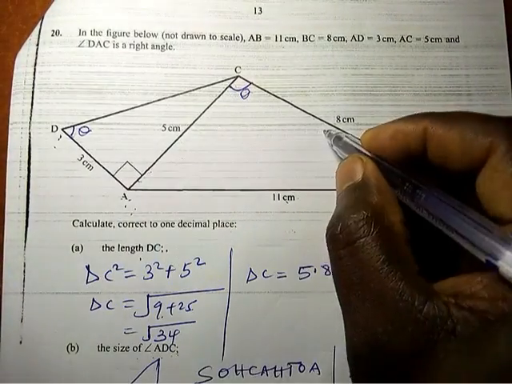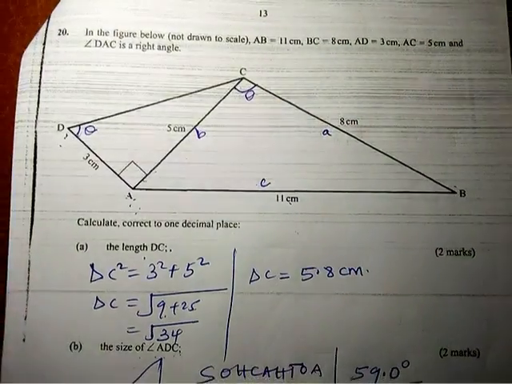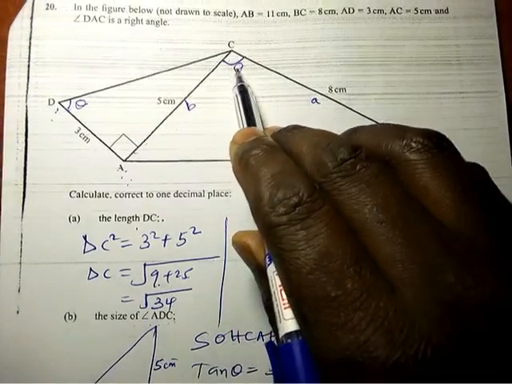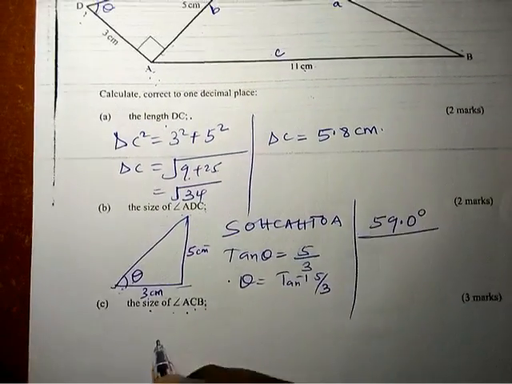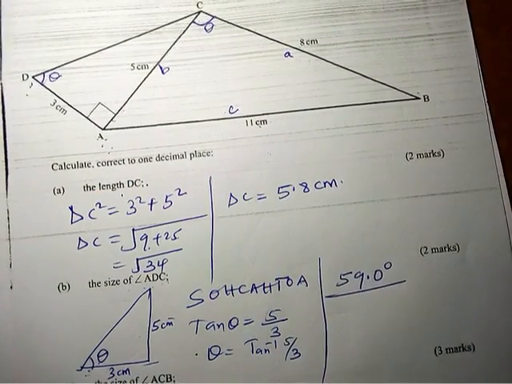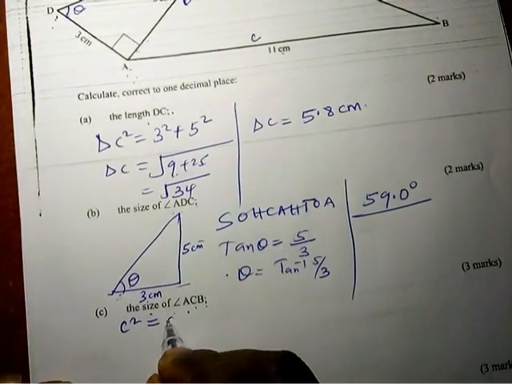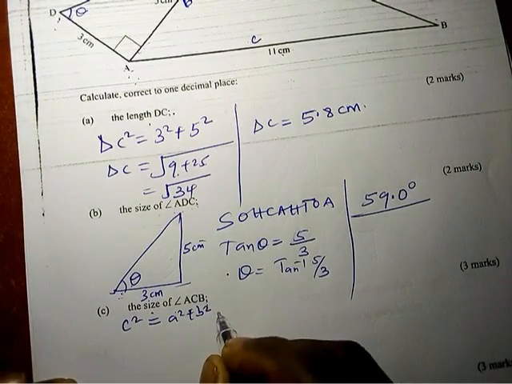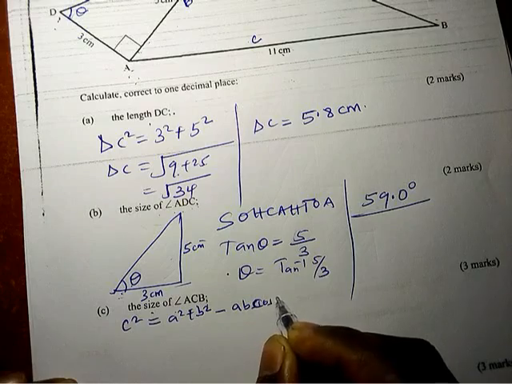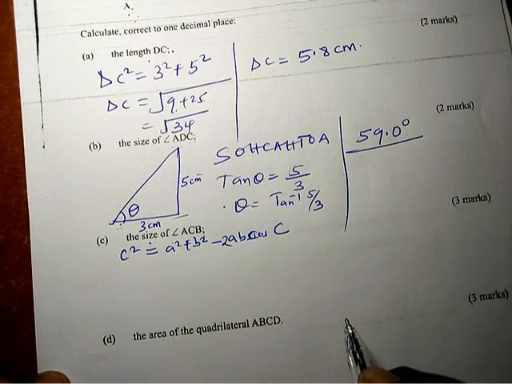So this is A. The opposite here is C. The opposite here is B. We want this angle C. So we will say C square is equal to A square plus B square minus 2AB cos C.